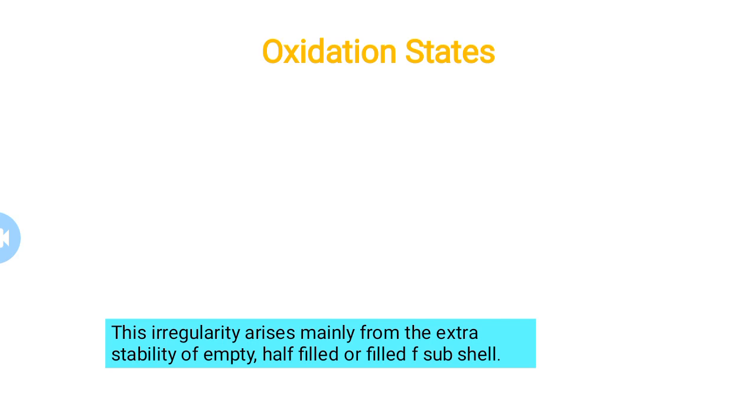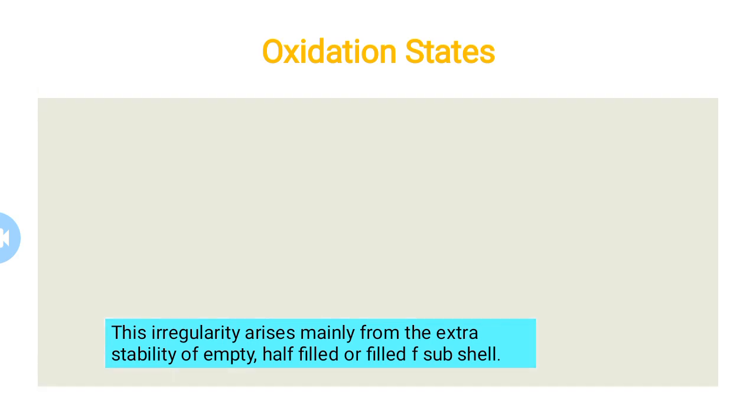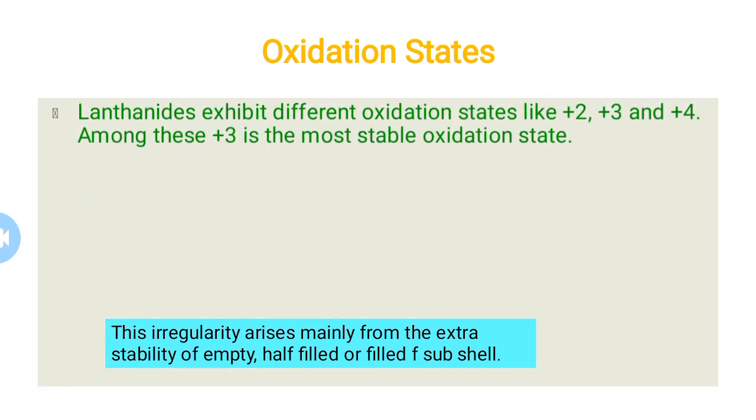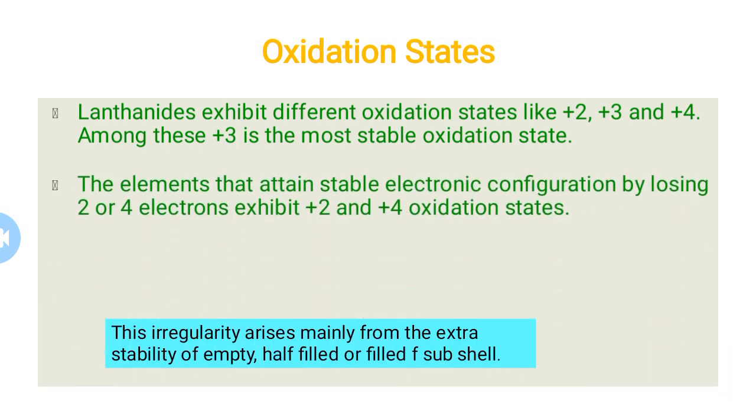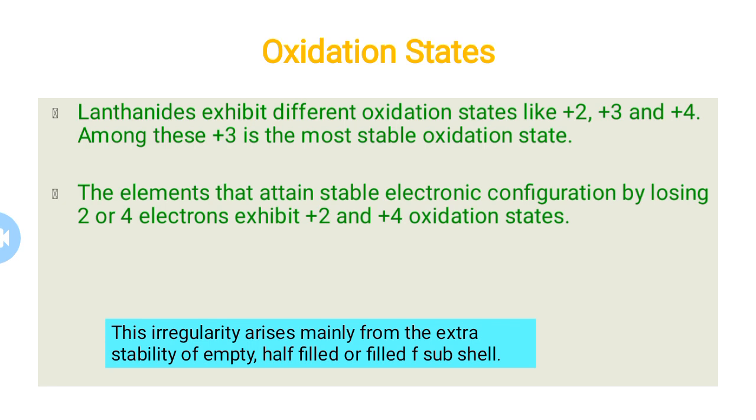These lanthanides exhibit different oxidation states like +2, +3 and +4. Among these, +3 is the most stable oxidation state. The elements that attain a stable electronic configuration by losing 2 or 4 electrons exhibit +2 and +4 oxidation states.